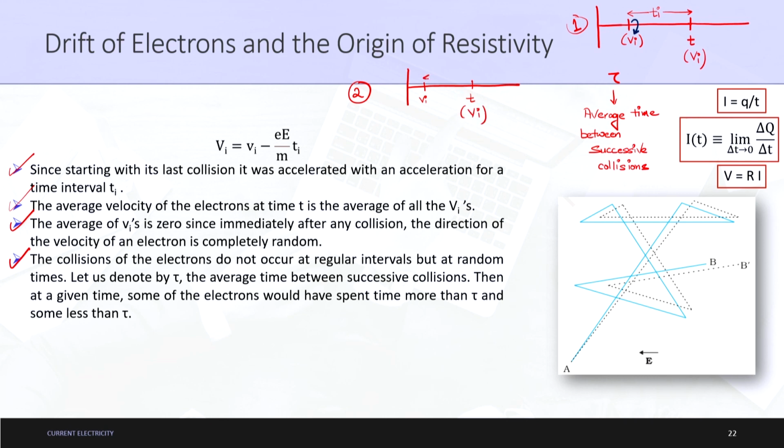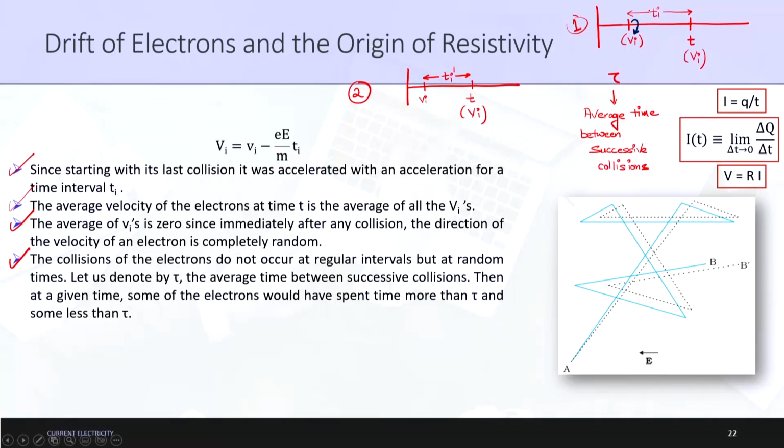Now here this time is denoted by, let us say, ti dash. Please remember this ti dash will be different from this ti. Why will it be different? Because the direction of movement of electrons is completely random, therefore the amount of time required for every electron moving in a random direction to have a collision will be different.